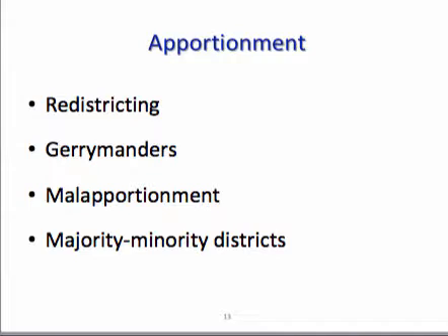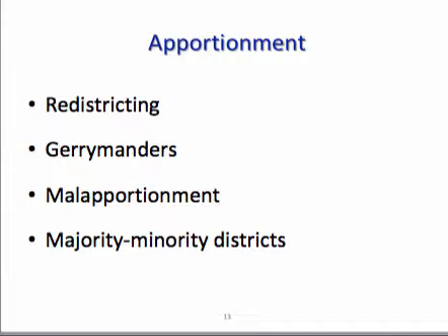This is the subject of a number of cases that have come before the Supreme Court. Perhaps one of the most notorious cases was in North Carolina. And it is not exclusively a Republican practice by any means.